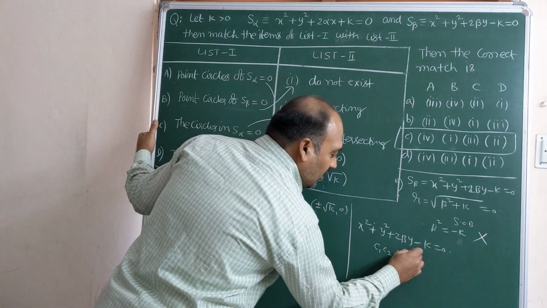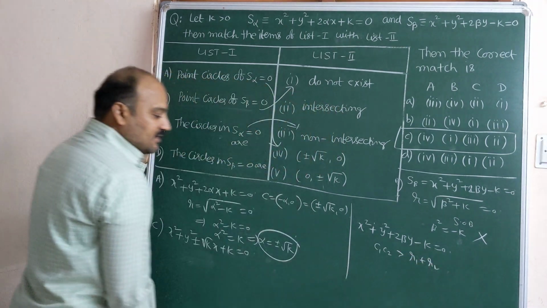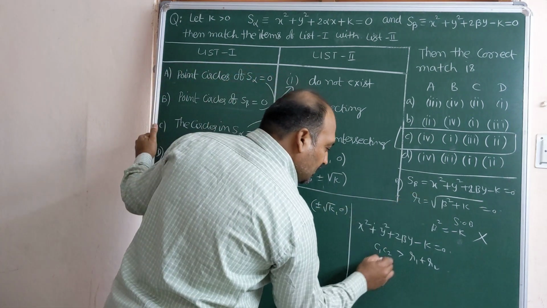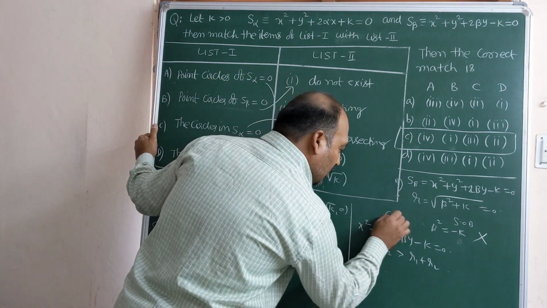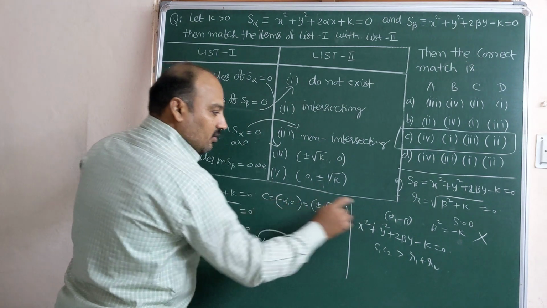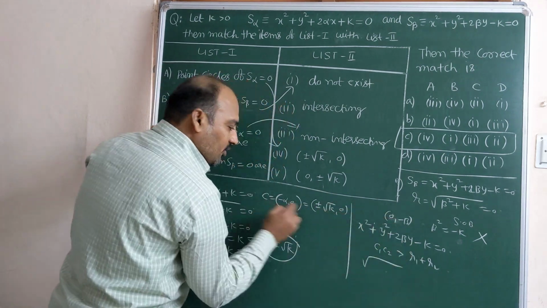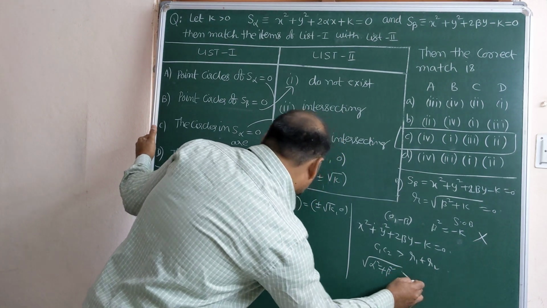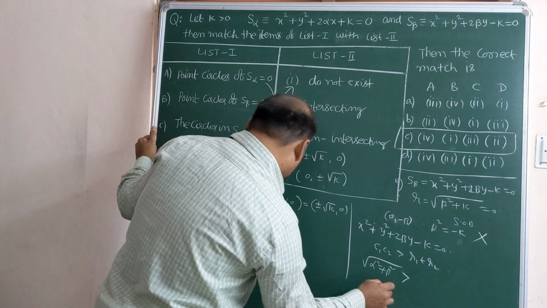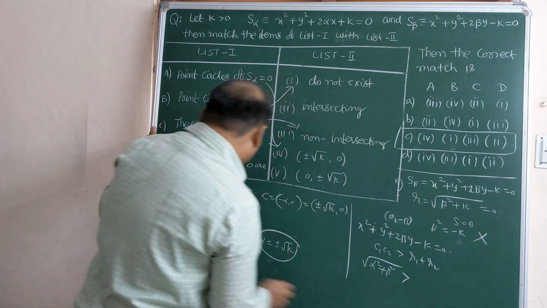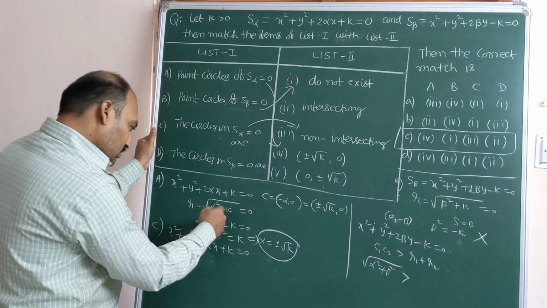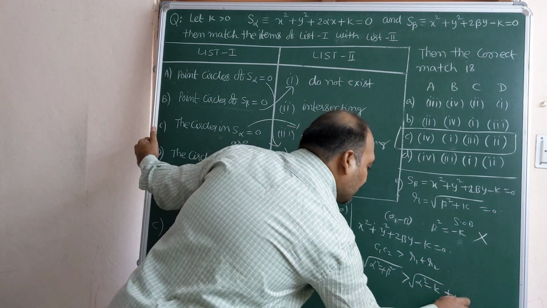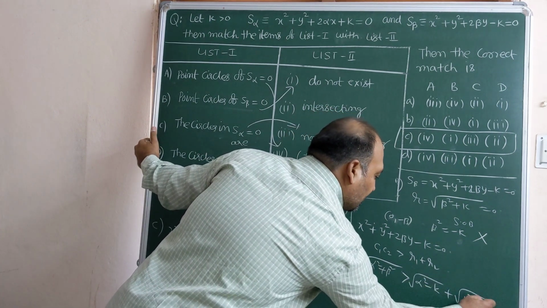C1 C2 is greater than R1 plus R2, we can do that. C1 C2 means here the circle center is minus alpha comma 0, and here it is 0 comma minus beta. So root over alpha square plus beta square greater than R1 plus R2, where R1 is root of alpha square minus k, plus root of beta square plus k.